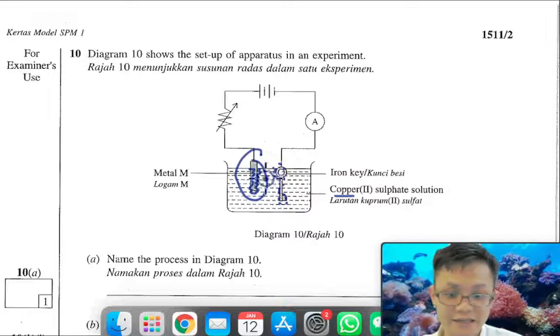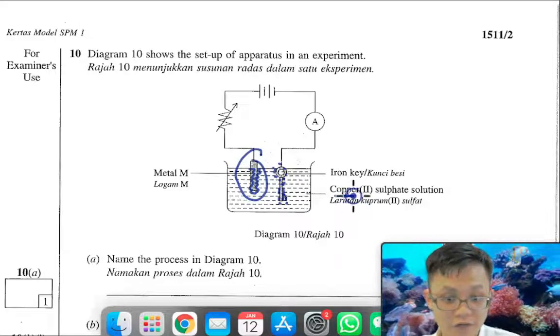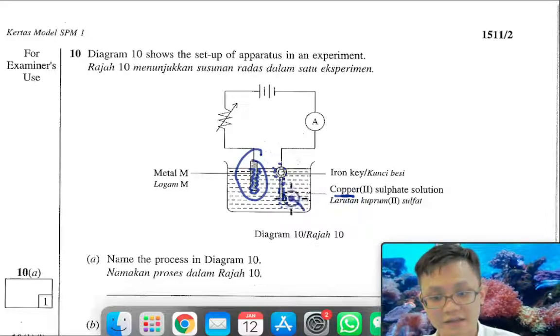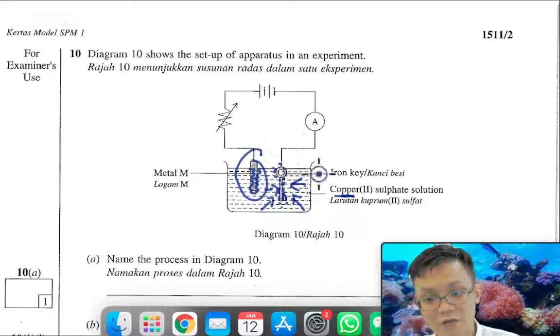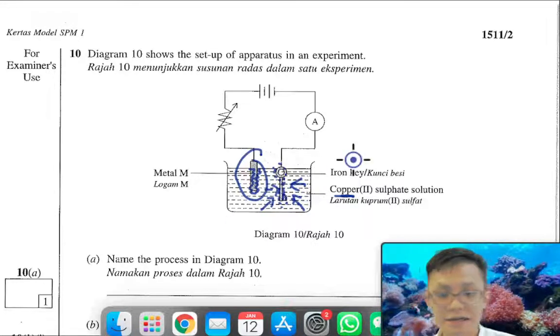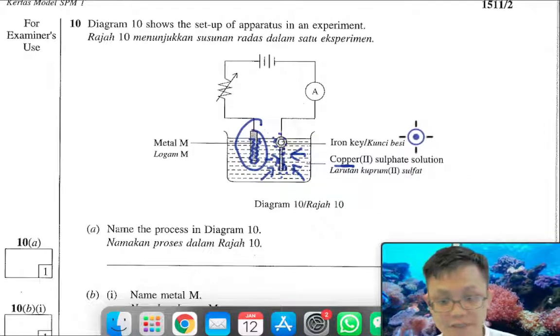But if you're using other electrodes, carbon or platinum, eventually the color of copper will fade, because they take the copper from the liquid. But for this one, the color didn't fade. Okay, so roughly we know this is an electrolysis process.